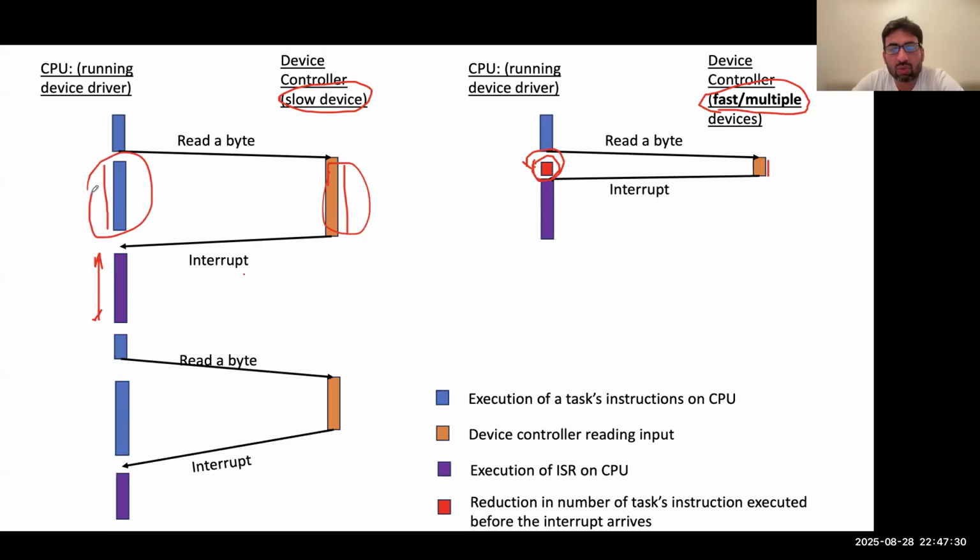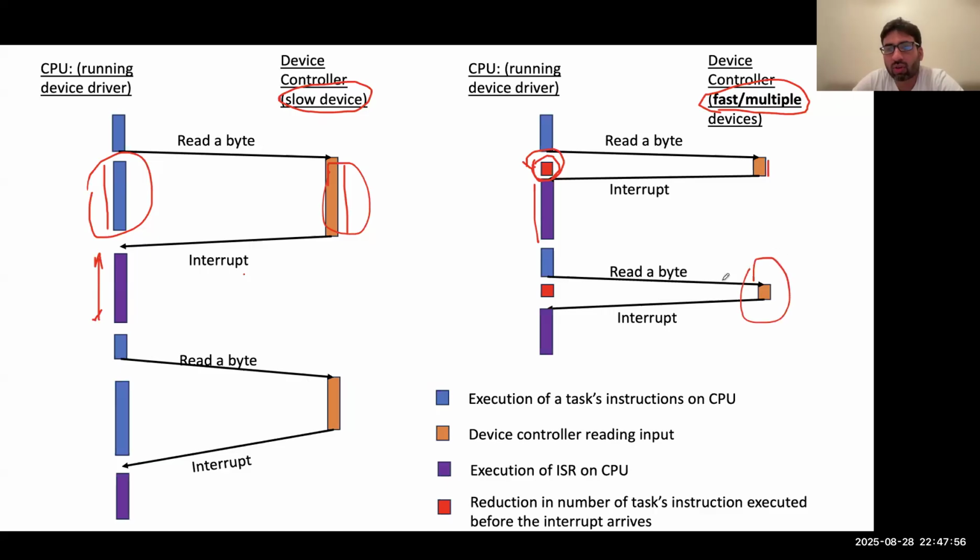When I say this part is reduced, it basically means that the useful amount of work which CPU did between sending a request to read a byte and receiving the interrupt has significantly reduced. After that, again the ISR is executed, and the sequence continues in the same way. Since our device is fast, it can quickly read a byte and send the interrupt.